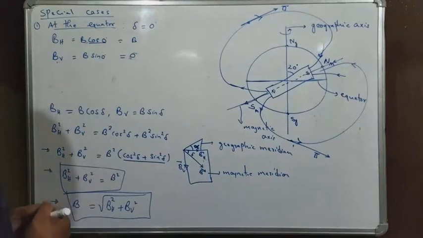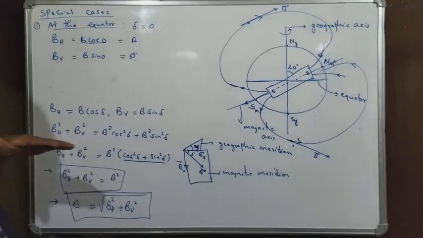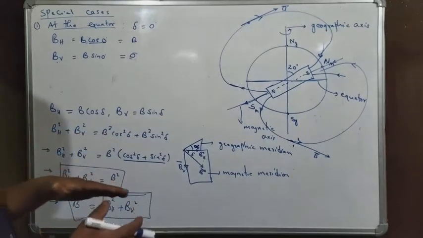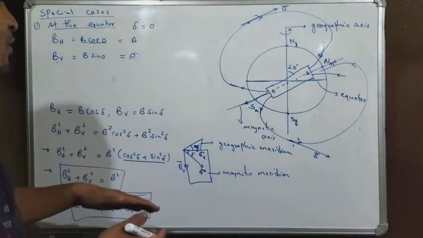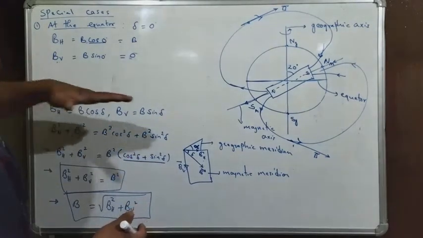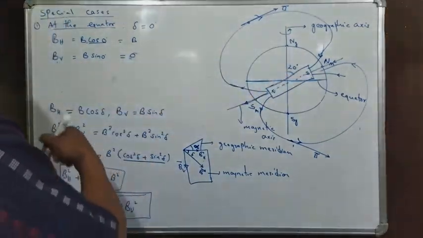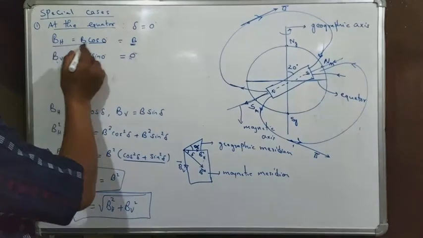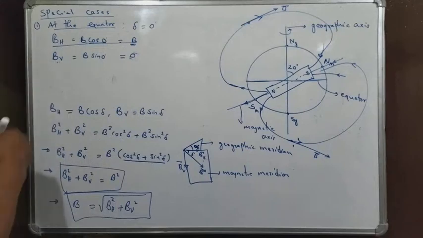So it means that at the equator, the total Earth's magnetic field is just the horizontal component, because this magnetic field is acting horizontally in this way. The total magnetic field is equal to BH only, that means B cos delta. This is the first case.